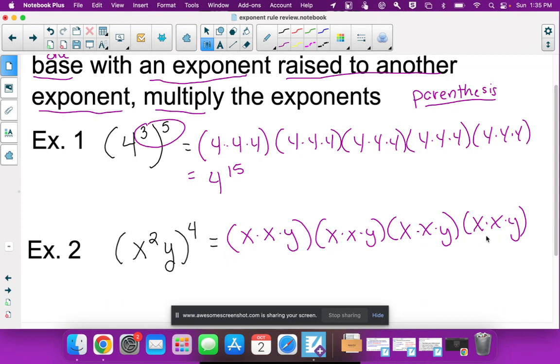Okay, and it's all being multiplied, so I can add it all up. That's going to be 8 x's and 4 y's. If you look at it like multiplication, I'm doing 2 times 4 for the x's, and that invisible 1 that's always there, if there's no other exponent written, times 4.